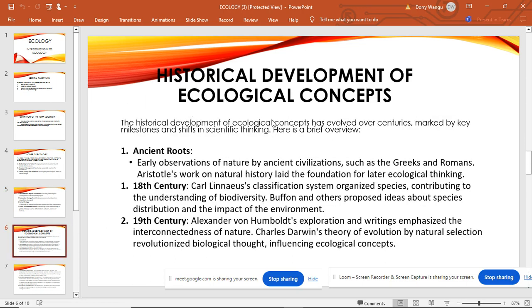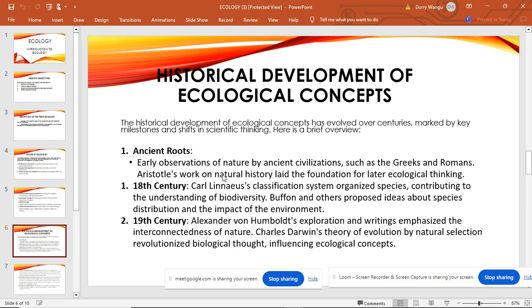Historical development of ecological concepts. The historical development of ecological concepts has evolved over centuries, marked by key milestones and shifts in scientific thinking. Here is a brief overview. We have ancient roots. These are early observations of nature by ancient civilizations such as the Greeks and Romans.